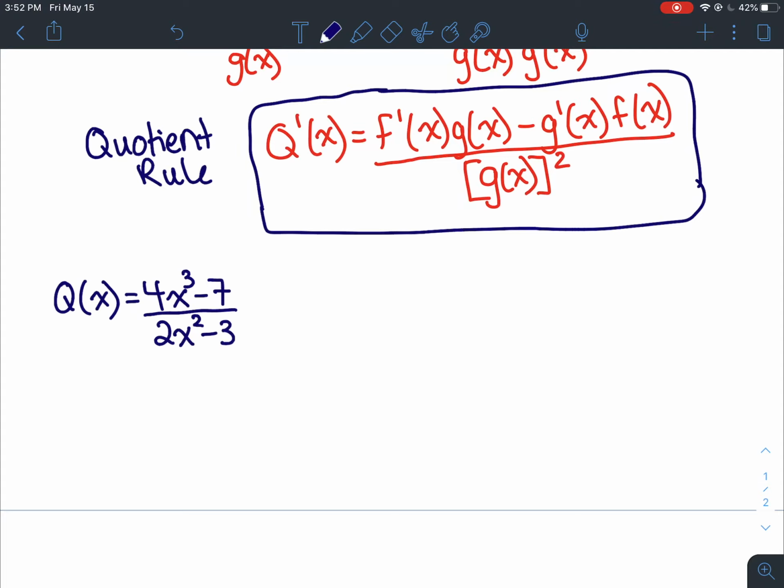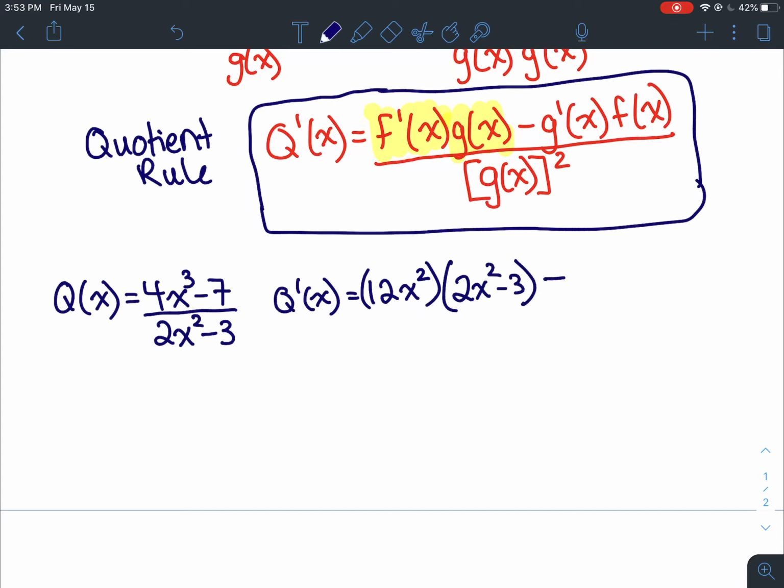To find the derivative of that function, we can use the quotient rule. So q prime of x equals, according to the quotient rule, first we find the derivative of f of x, the numerator. The derivative of 4x cubed minus 7 is 12x squared. Then we simply write g of x, which is our denominator, 2x squared minus 3.